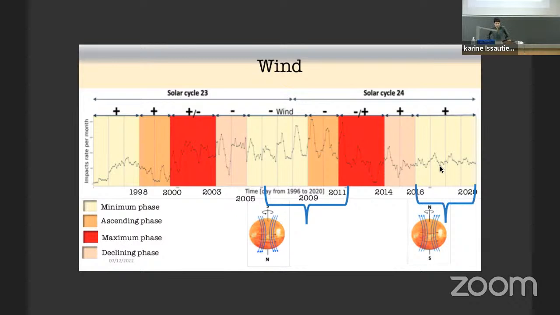You said there is no modulation at all? No, it's not a periodic modulation like the one we can see here. I think it seems to be between 2016 and 2020. We see at least something like four pseudo-periodic.